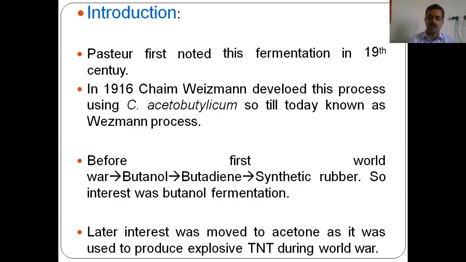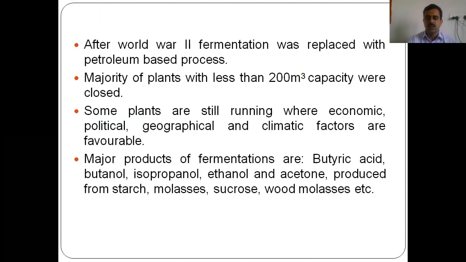Another product of acetone was also considered as it was quite helpful in the World War. After World War II, fermentation was replaced with petroleum-based processes. The majority of plants with less than 200 cubic meter capacities were closed. Some plants are still running where economic, political, geographical, and climatic factors are favorable.